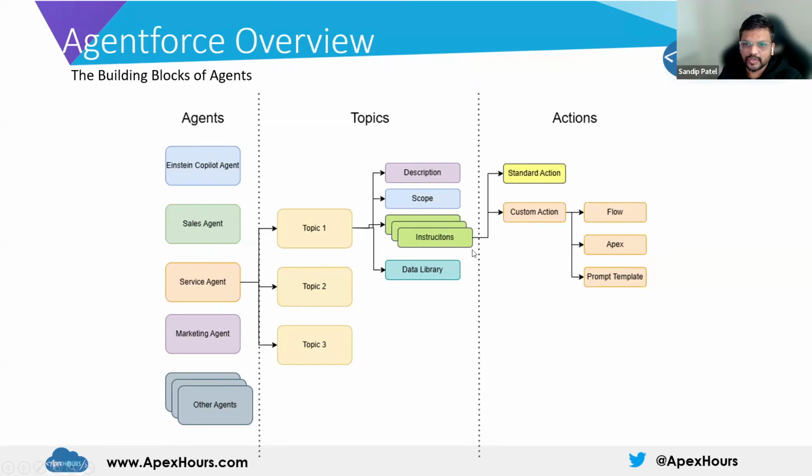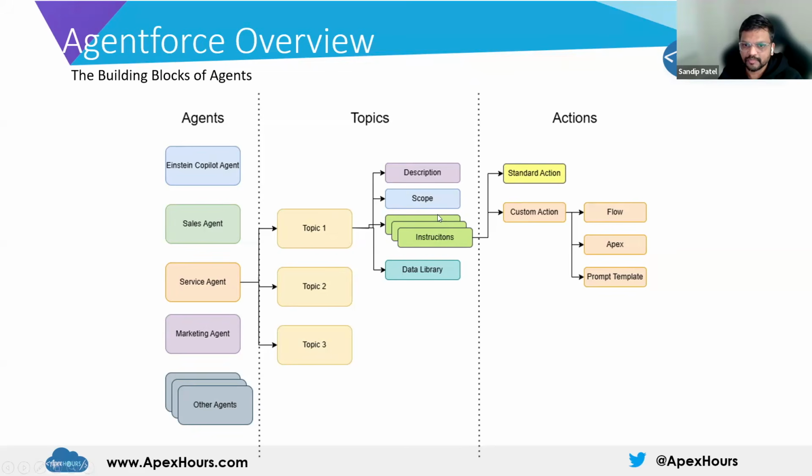If you're talking about the topics, one part is the description, scope, and instruction, and the other part is connected with the actions. Whenever there is a topic, there is an action tied to it, and in the action instruction we can mention which action needs to be taken when the user's input is this. So we can say that if the user asks to create an order, we can execute this Apex action, or we can execute this flow action.